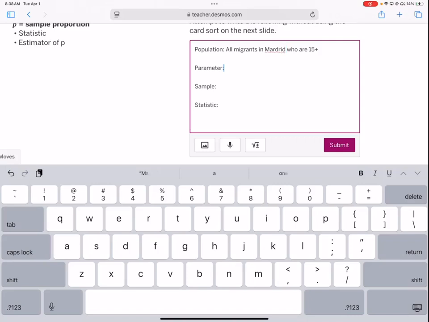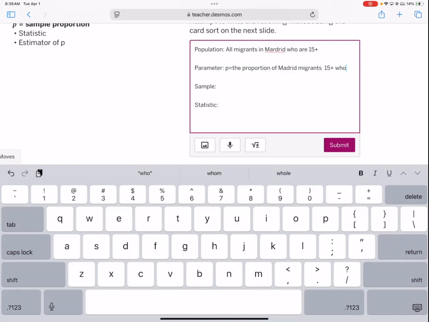So the parameter is P, okay? The proportion of Madrid migrants 15 and older, right? 15 plus. Who are what?